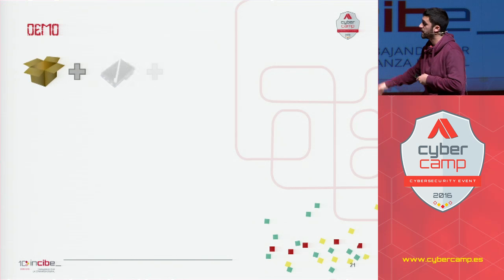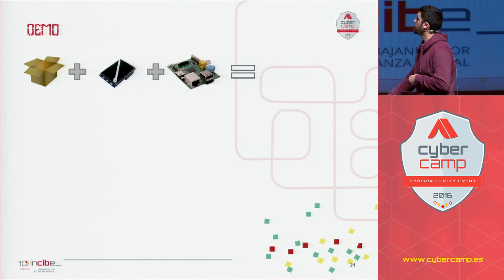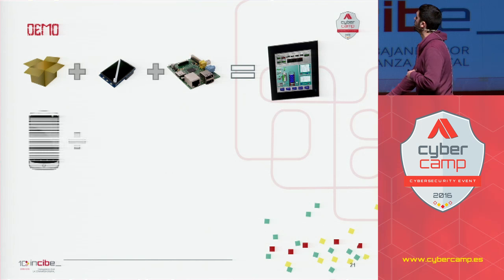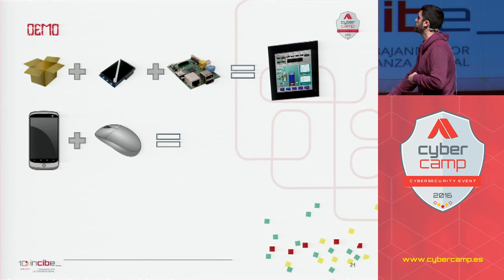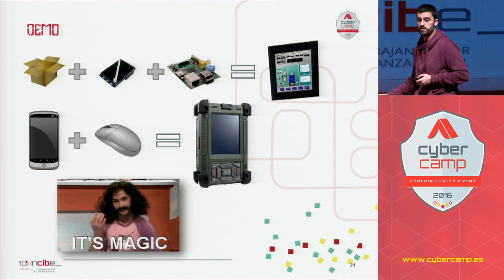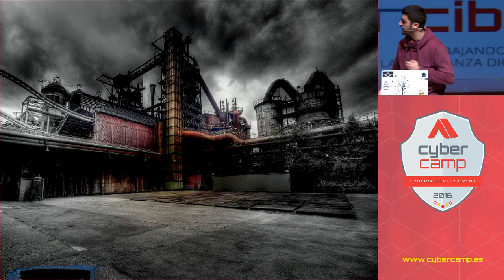I wanted to run a demo here. This is a Raspberry Pi screen, and this is the local HMI. Cell phone, mouse, and you have it. It is magic. Here comes the demo. Let's hope so. Well, it's not moving. Doesn't matter.